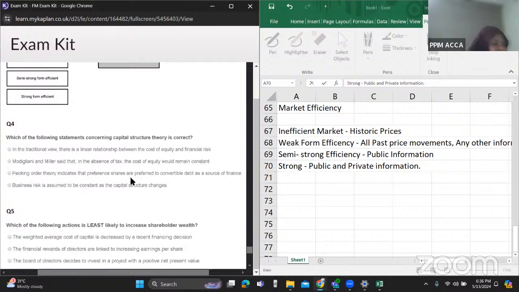What do you think is the answer for question 4? Capital structure theory.